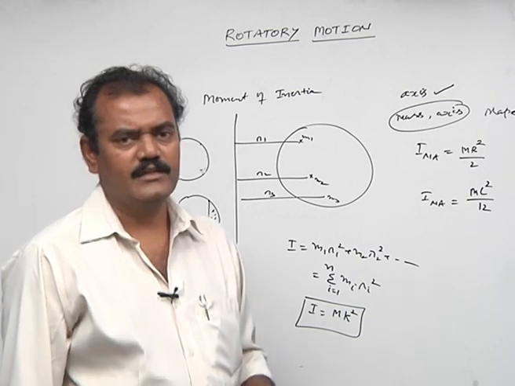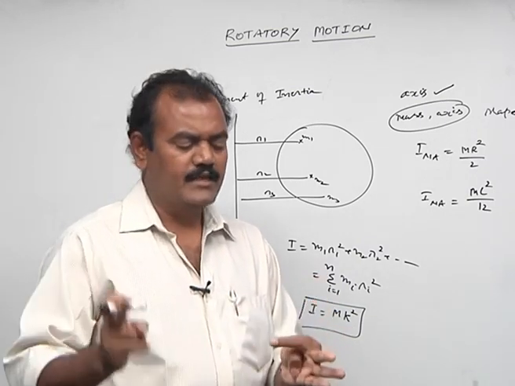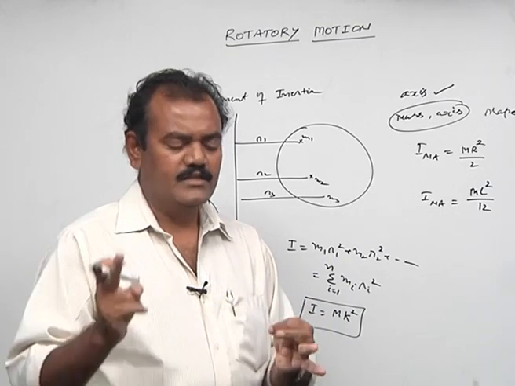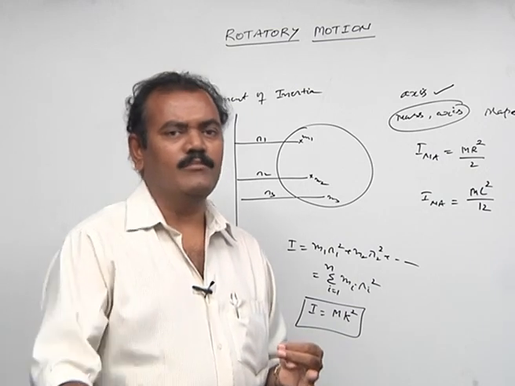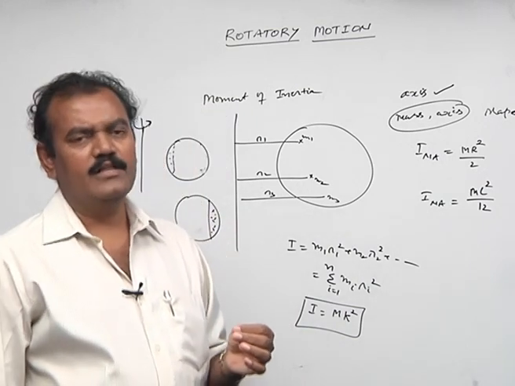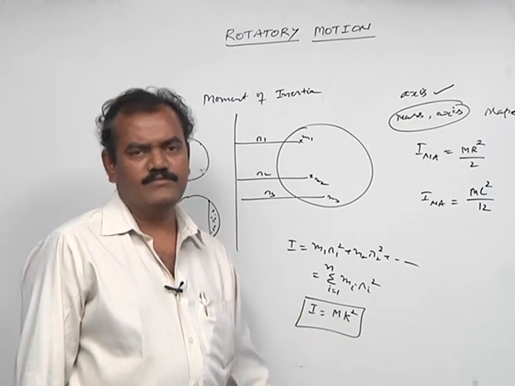Then we can understand that the moment of inertia depends upon the mass of the body, the axis of rotation, the shape of the body, and again the distribution of particles within the body. So on all these factors the moment of inertia depends.